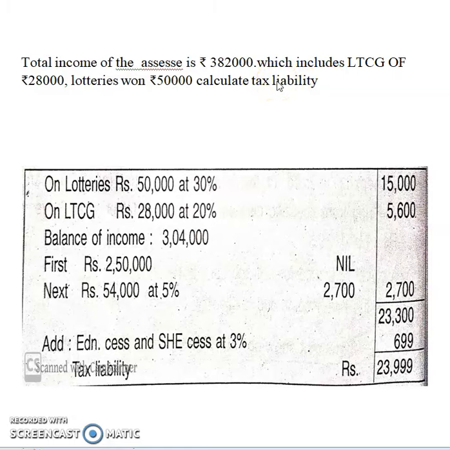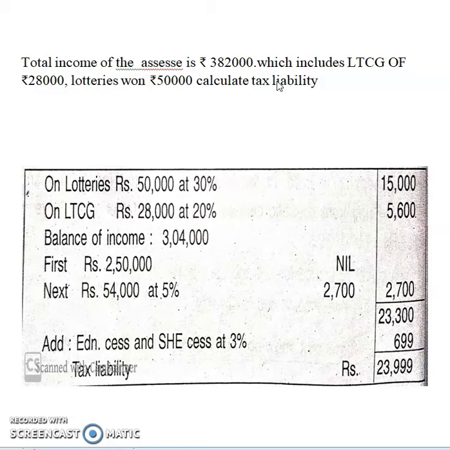In the previous class, I told you about the tax rates which are applicable at present. In this problem, there's no clarity about the age of the assessee, so we are considering that he is a normal assessee. When he is a normal assessee, income up to 2,50,000 is exempt for him.